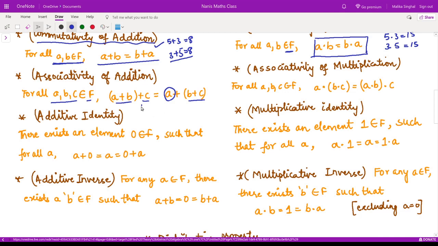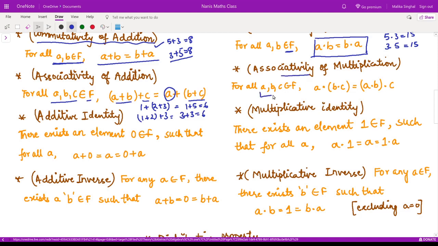For example, you have three numbers 1, 2 and 3. If you add 2 and 3 first, then you'll get 1 plus 5 and ultimately 6. Otherwise, if you add 1 and 2 first and 3 later on, you'll get 3 plus 3, that is also equal to 6.